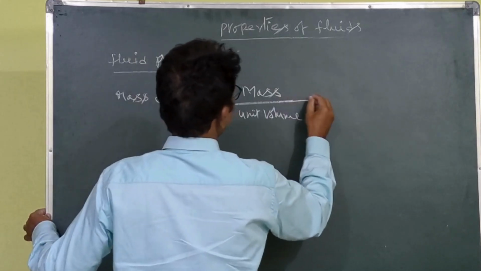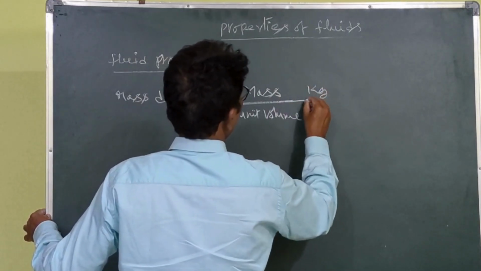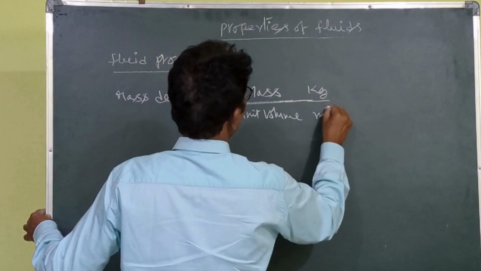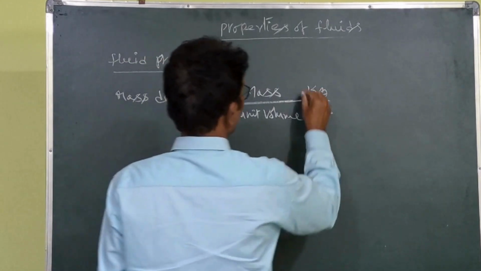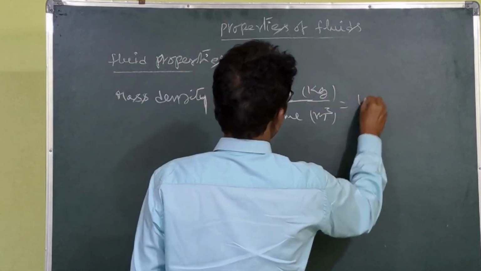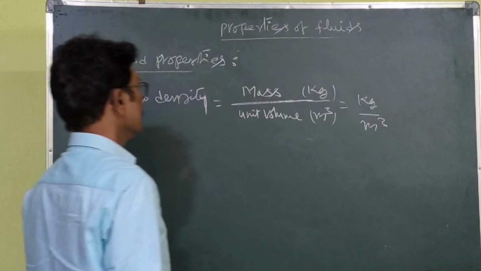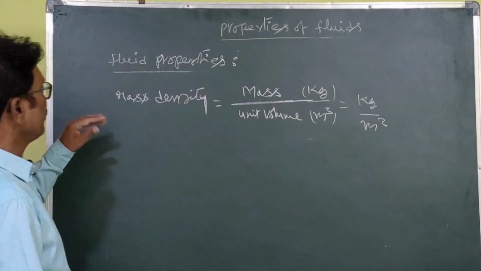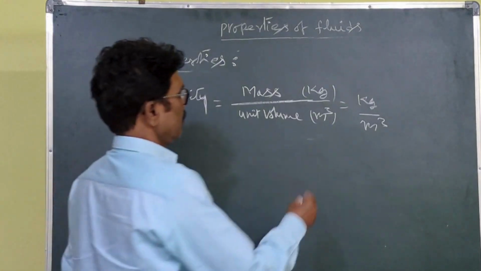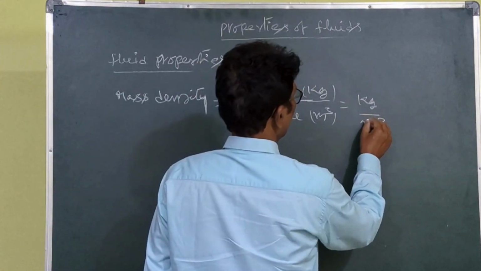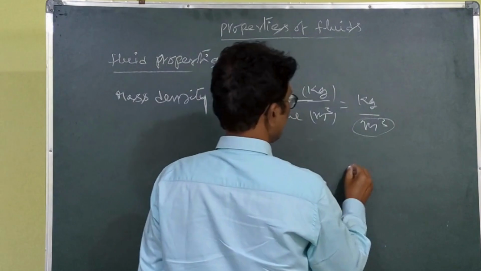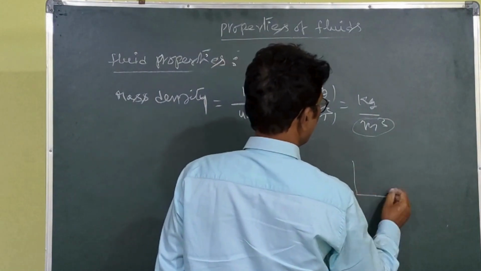The units are mass in kg, volume in meter cube. So therefore units equal to kg by meter cube. So what we can understand here from the definition: suppose you take 1 meter cube of volume. Let us say that you take a container like this.